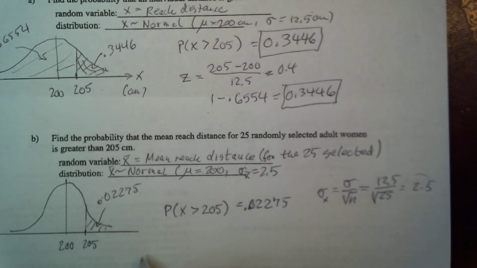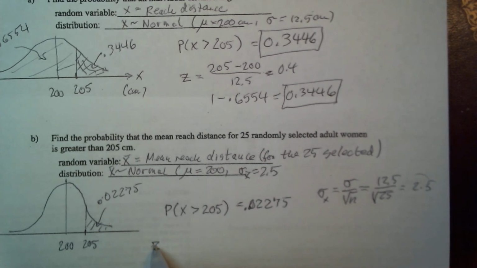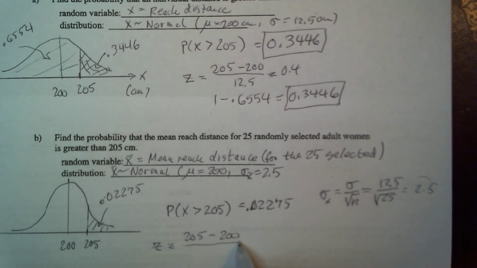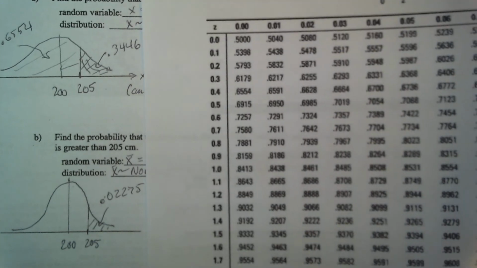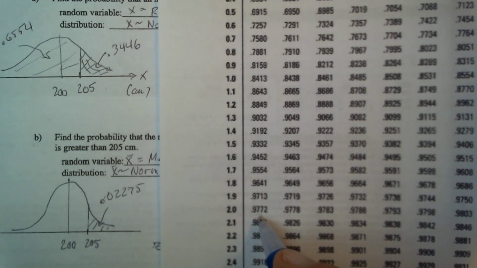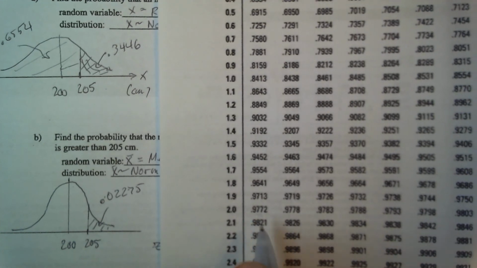And if you don't have technology, you compute the corresponding z-score. So our data value is 205 minus the population mean of 200. And now we divide by the sample standard deviation of 2.5, and that's equal to 2, since 5 divided by 2.5 is 2. And now when we look at the z-score table, that is 0.9772.